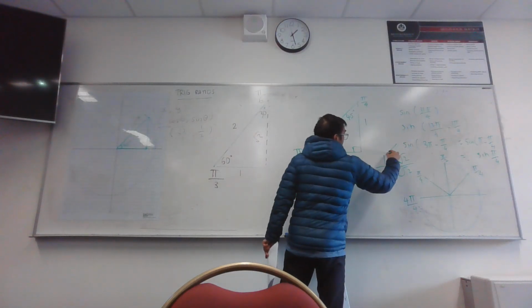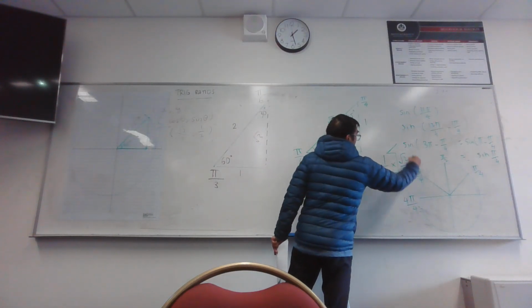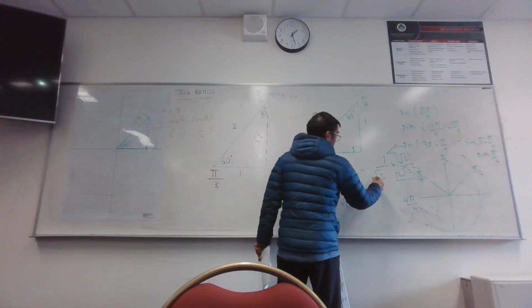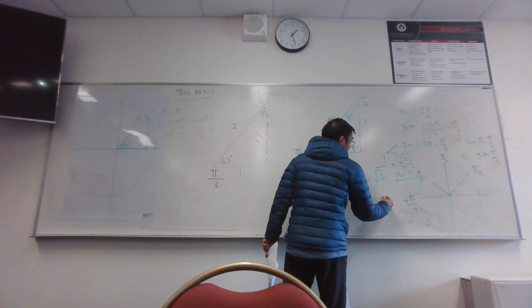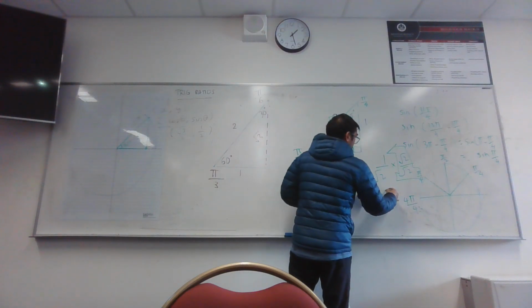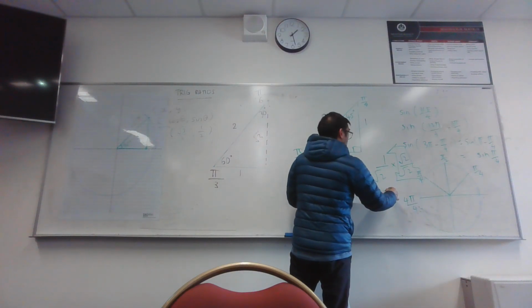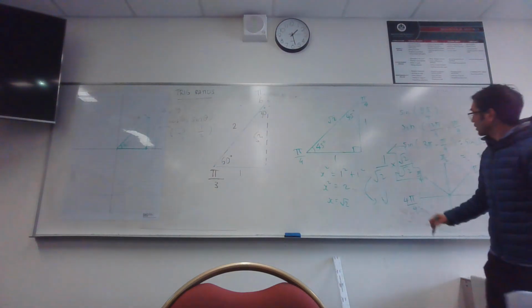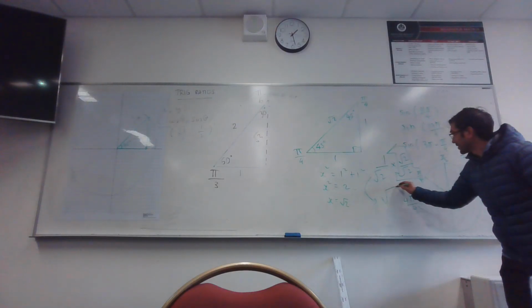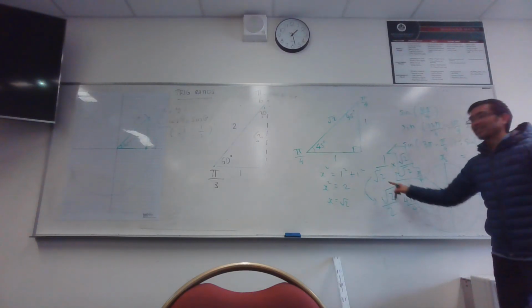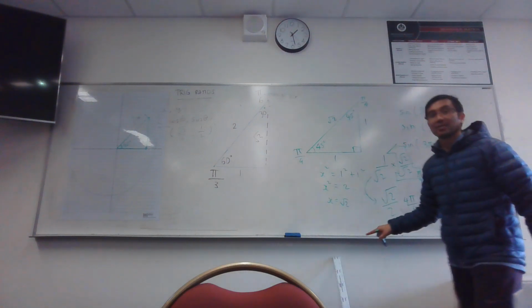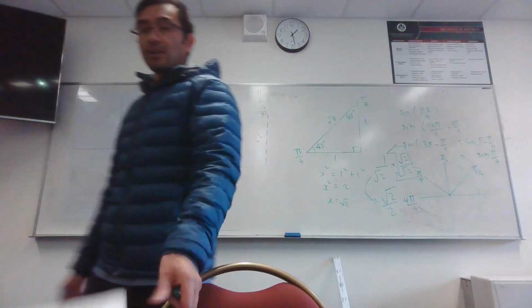Remember, I can do that because that's 1. I haven't changed the value. So really, we can also have root 2 on 2. Because 2 root 2s end up with a 2. Guys, I know that's a lot.